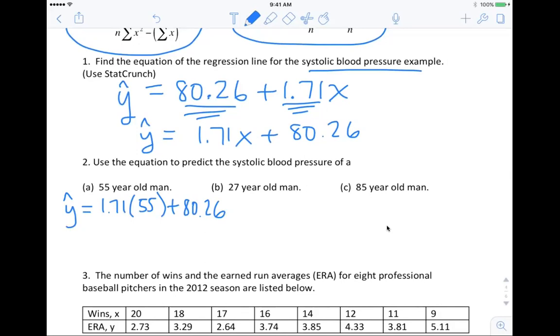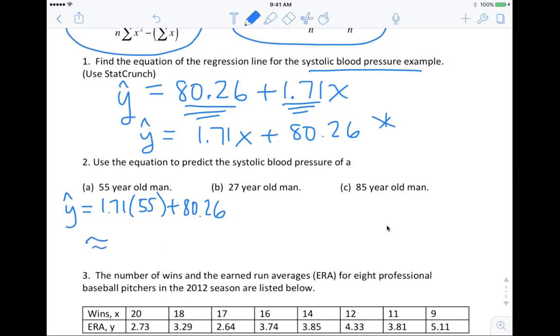That's how I'm using that second version. It doesn't really matter which one you use, right? You're going to calculate it. It's just multiplying 1.71 times 55 and then adding 80.26. Okay, so if I do that calculation, I'm getting 174.31.